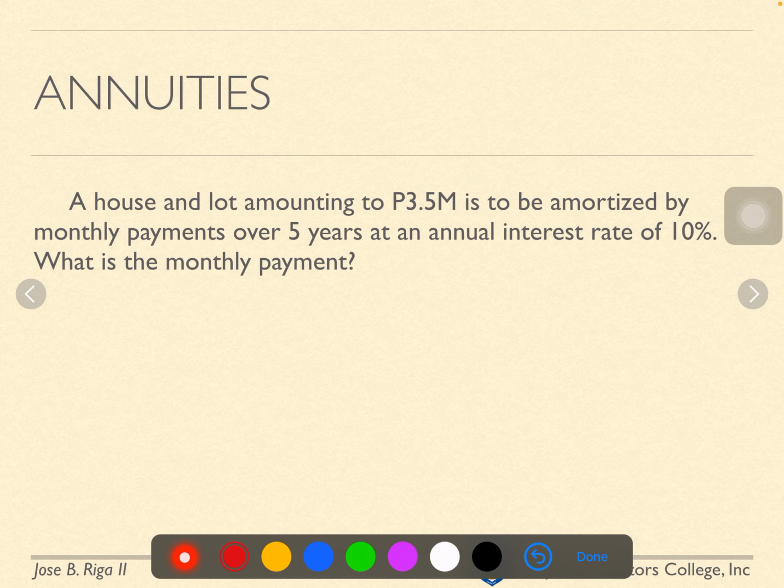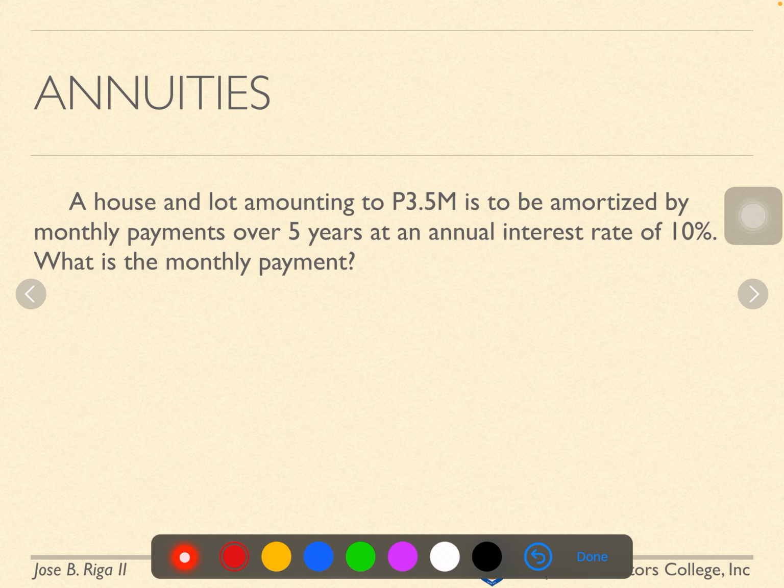A house and lot amounting to 3.5 million is to be amortized by monthly payments over 5 years at the annual interest rate of 10%.